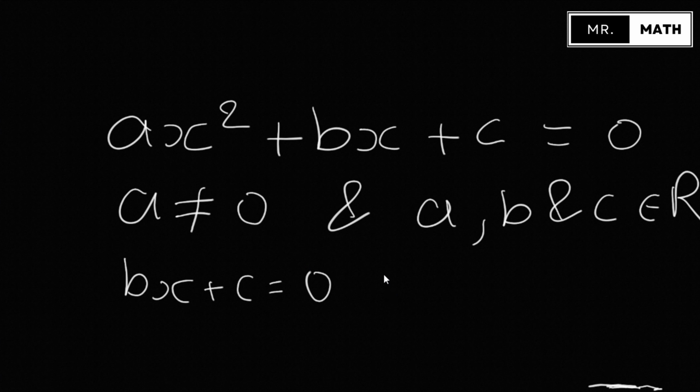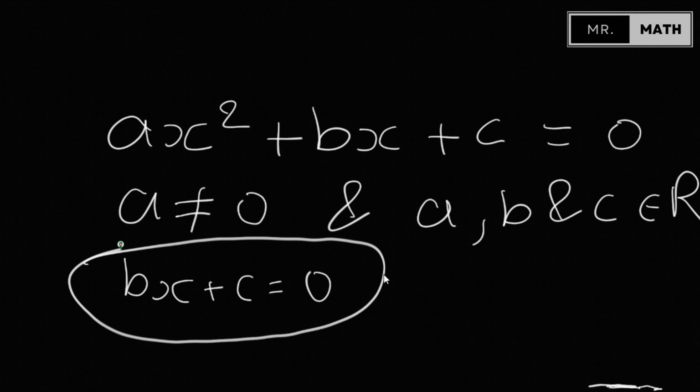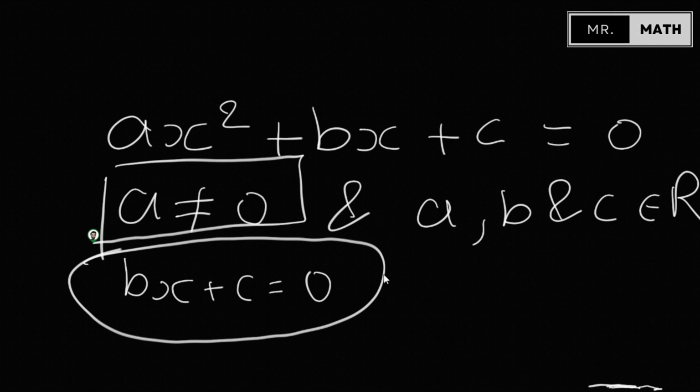So what is the highest power here? Highest power is not 2, highest power is 1. In only bx plus c, highest power is only 1. That's why it doesn't make quadratic equation. So a cannot be 0. That's a very important condition to keep in mind, right? So I hope you guys are fine till now.